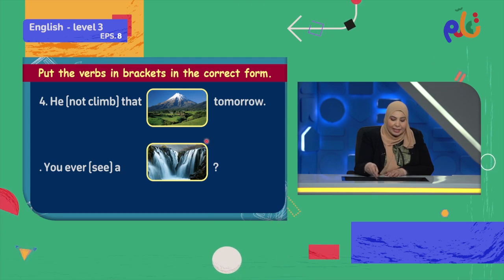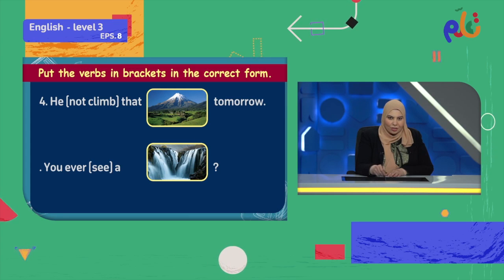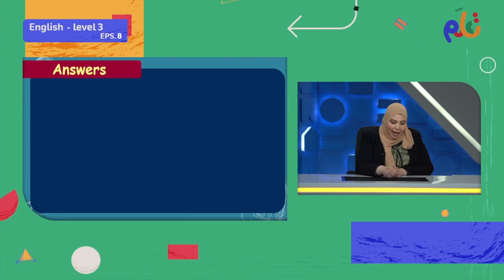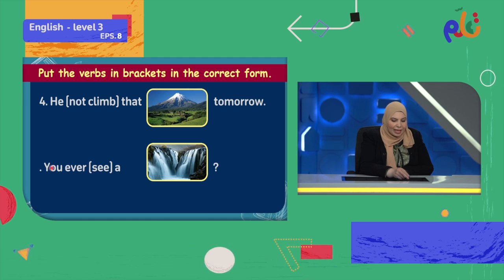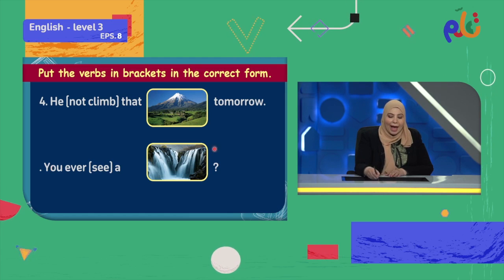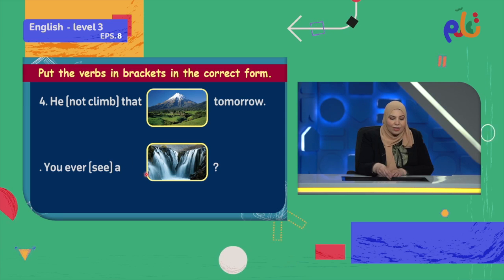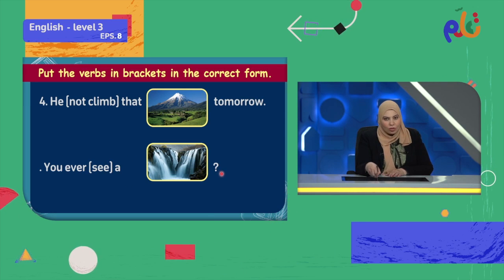Have you ever seen the picture? So if we say ever, remember the tense that we use for ever? This is present perfect, so we need to start with have, because this is here a question. So have you ever seen a waterfall?